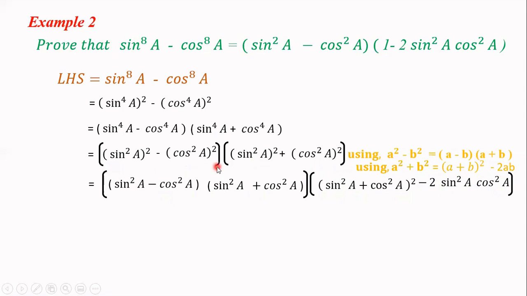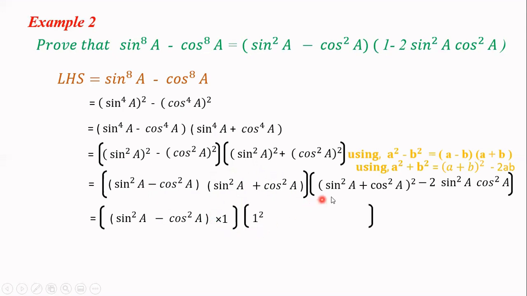The first bracket uses the formula of a square minus b square, and the second bracket uses the formula of a square plus b square. After that, the first bracket, sine square a minus cos square a, is copied as it is, and inside this we have sine square a plus cos square a, whose value is 1. So we have replaced this with its value, 1.